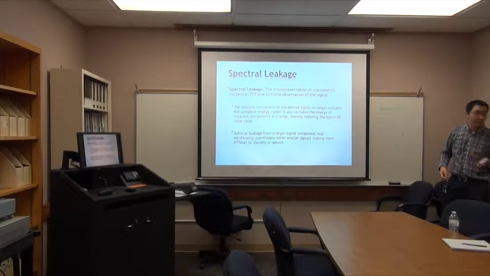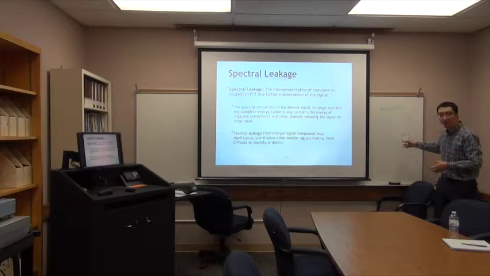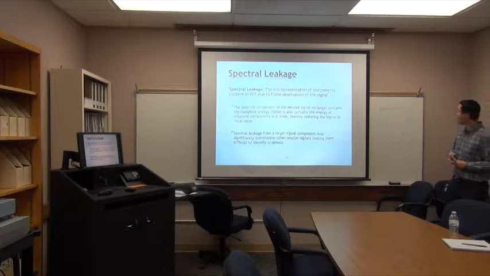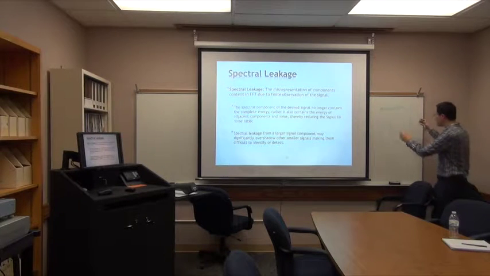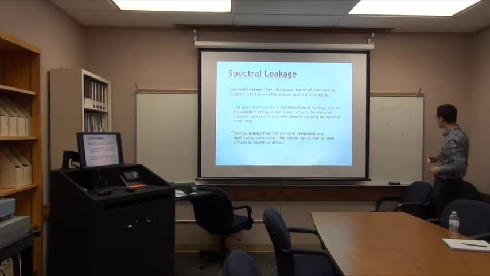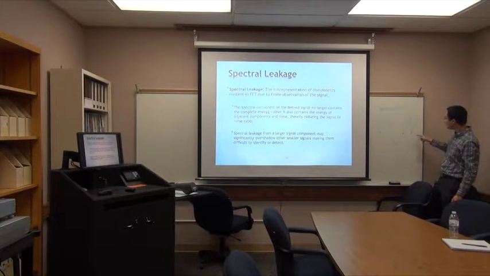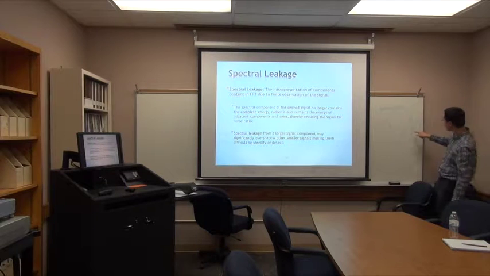For us, we know it's periodic, but when we do FFT, the fast Fourier transform algorithm assumes this is a periodic function, and it repeats itself. So the next point will start here. In computer, the fast Fourier transform will think that it repeats itself.